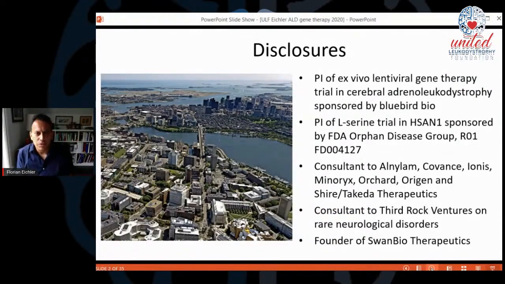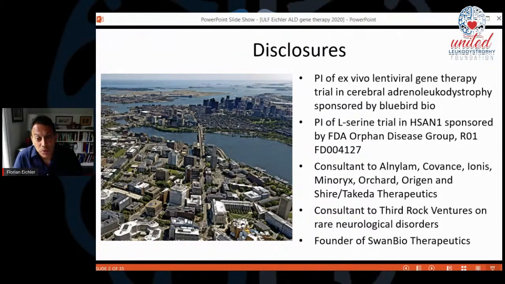So just by way of disclosures, compared to the prior slide where I showed an old image of Massachusetts General Hospital, that was at the time still an isolated academic institution, we now live in a new world that encompasses a big landscape of biotechnology, and my disclosures here are evidence of the many interactions with industry that I have.